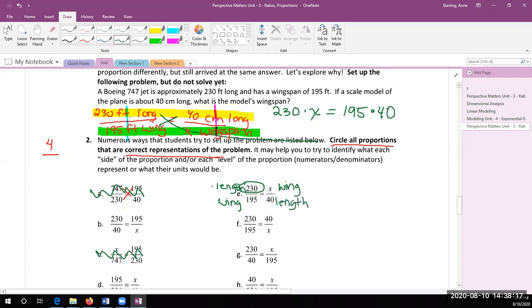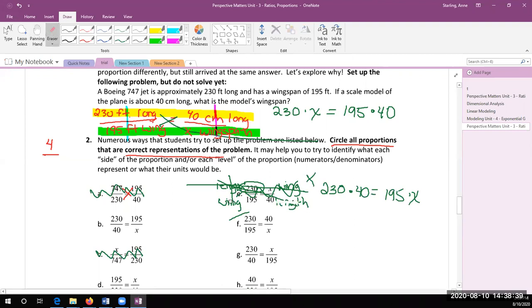So that does not work. The measurements cannot go across. They either have to go a row or a column. So that one's a no. If I multiplied it, I get 230 times 40 equals 195 times x. Not the right cross product. So that one's a no.